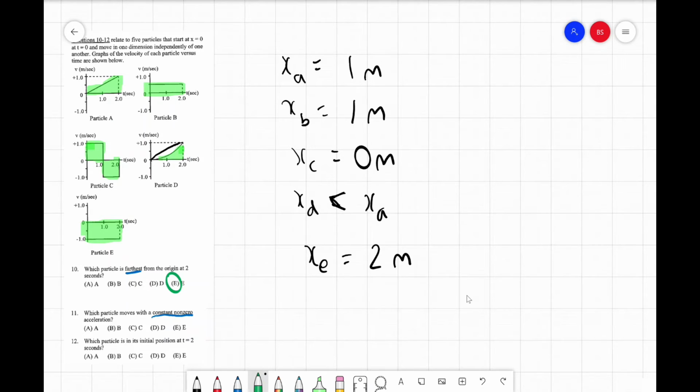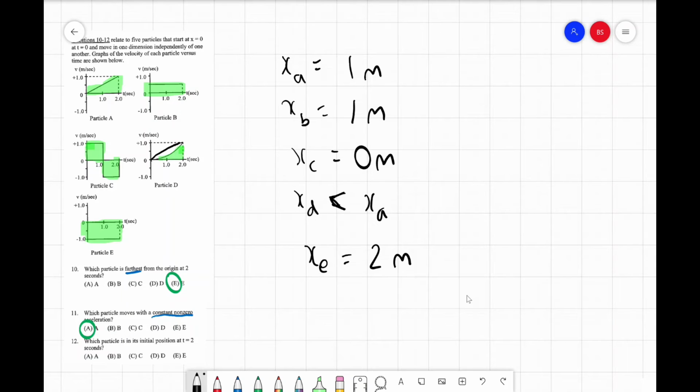That gives our answer as option A. We can also check this for each of the other particles. We can notice that particle B's acceleration is 0. Particle C's acceleration is also 0. And particle E's acceleration is also 0. Particle D's acceleration is not constant as it's consistently changing, which shows that our answer is A.